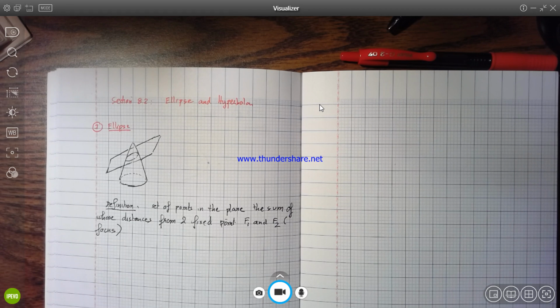We have two different types of ellipse. One is the horizontal ellipse, and the other one is the vertical ellipse. I will talk about those ellipses first: the ellipses whose center is at the origin of the coordinate system, and then the ellipses whose center is any point in the coordinate system.